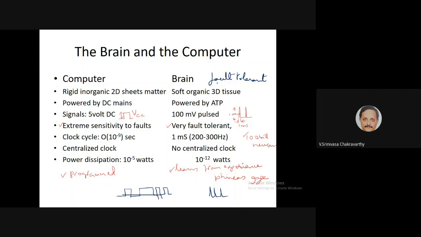So there was a lot of dust in the air, and because of dust, the PCBs, the boards in the computer, used to develop loose contacts, and it stopped working. All you have to do to fix it is open the chassis and clear the dust, and it will start working again. So something as small as dust in the air can make a computer stop working. It's so delicate, whereas the brain is the other extreme.